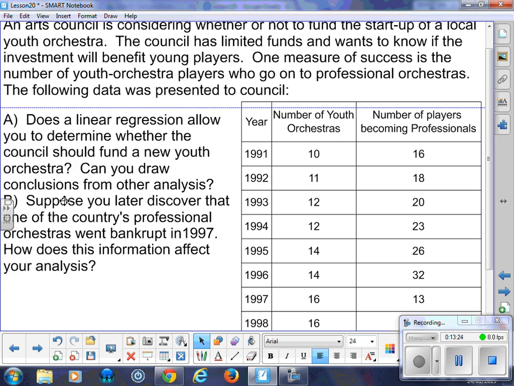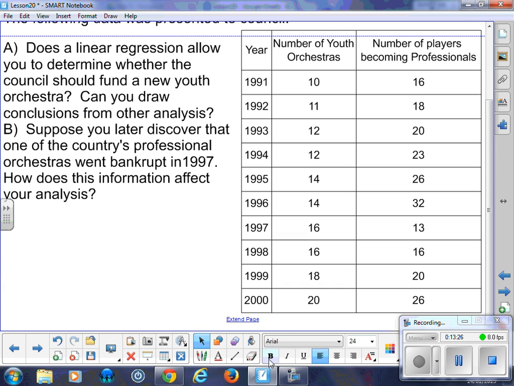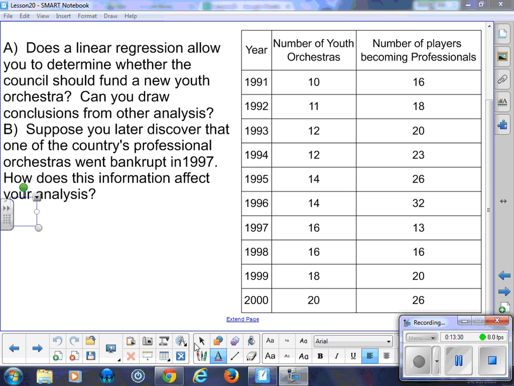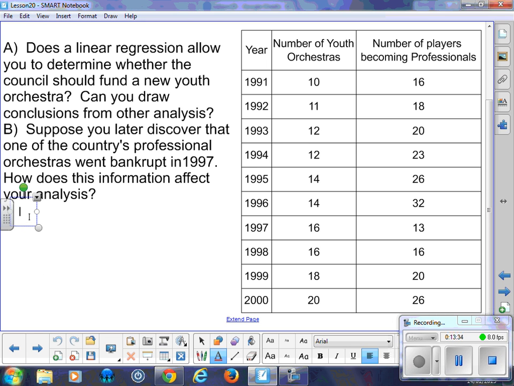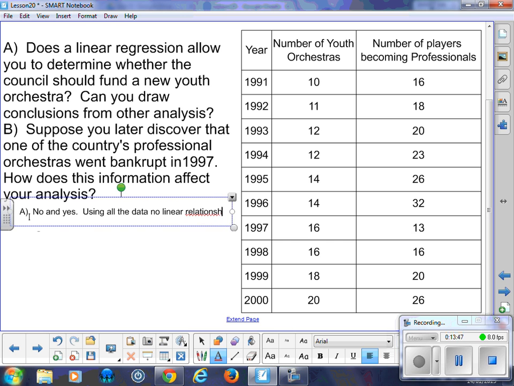So we're looking at, does linear regression allow you to determine, I want to answer that question. So A: no and yes. Using all the data, no linear relationship seems to be in the data.